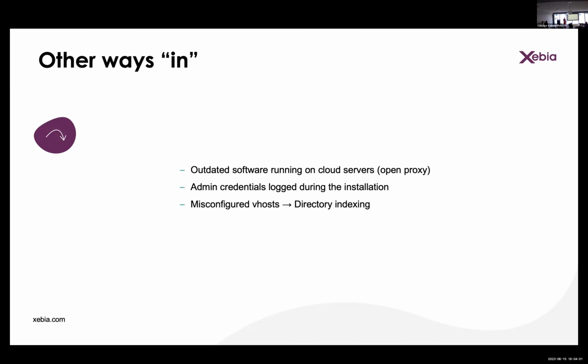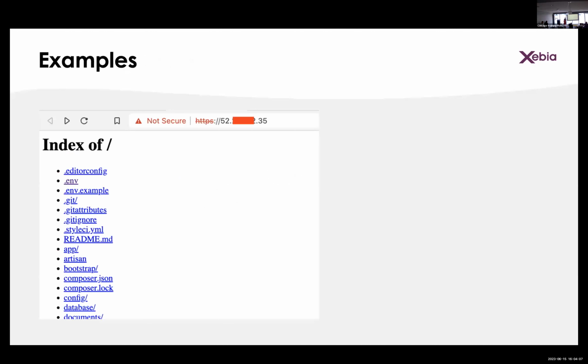Then misconfigured virtual hosts. This one is interesting. It shows you a list of all files and the directory structure on your server. Usually you install Apache, and it gives you a default virtual host for HTTP and HTTPS. But then you want to serve your website, so you create another virtual host pointing to your directory. And if you access it by domain, then it points you to the right directory for your website.